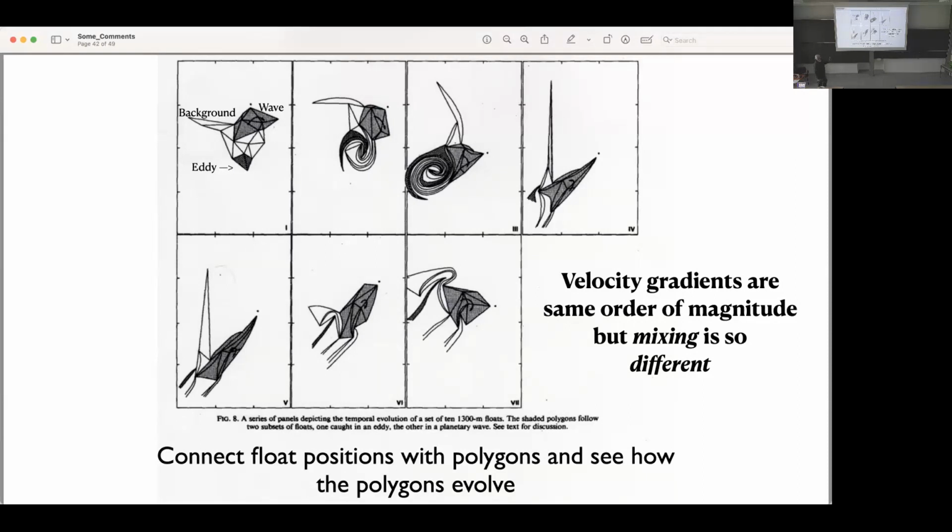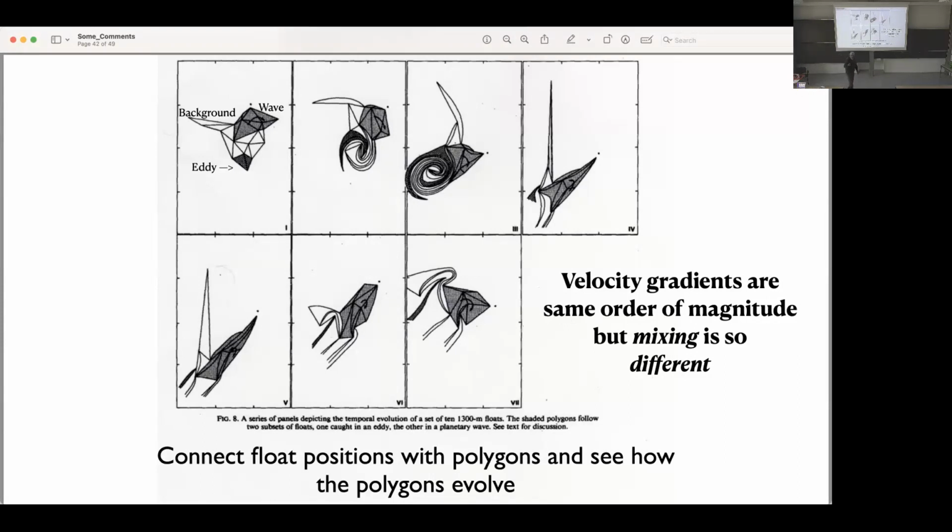So let's look at the wave, and the white shading is the background flow. So let's look at the wave as this panel moves in time every 7 or so days. When you look at the first panel and the last panel with this wave, there's no mixing going on. You look at the eddy, on the other hand, there's a lot of mixing going on, and it mixes the background flow with it.